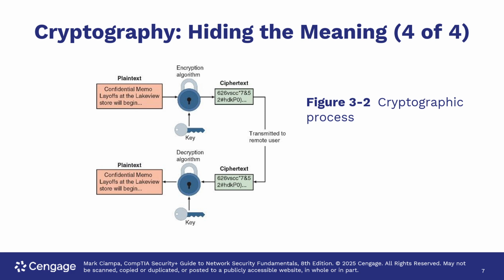Then we transmit that cryptographic information to the remote user. They use that same key and decrypt it, and it comes back as the confidential memo. Layoffs at the Lakeview store will begin. So that's your process: encryption on the top and decryption on the bottom. On the left-hand side is the plain text. On the right-hand side is the ciphertext.